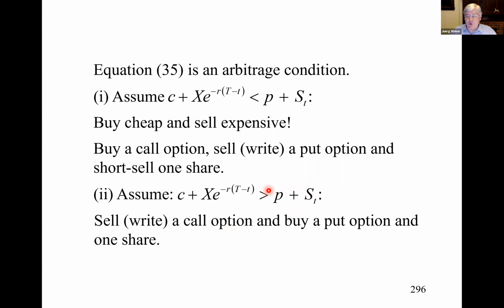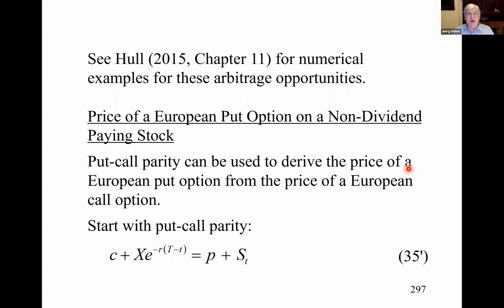You see, we move toward equality. And selling the call option, writing it, drives the left side down. So actually, those arbitrage conditions have a tendency to establish themselves automatically. Okay, so you will find a numerical example in the Hull book, but it will take you maybe 10 minutes to work through it.